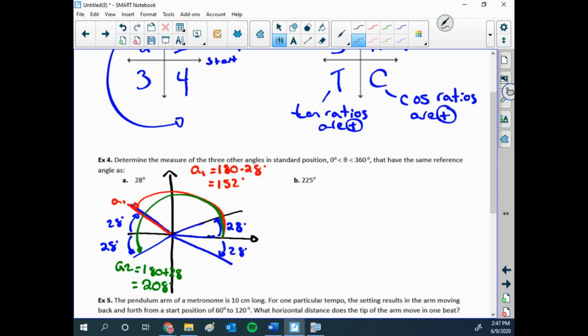I'd have to start here and go all the way around to arm 3. To get to arm 3 with the reference angle of 28, I would have to go 360 minus 28, which gives me 332 degrees. So there are actually 4 different angles with that same reference angle: 28, 152, 208, and 332.